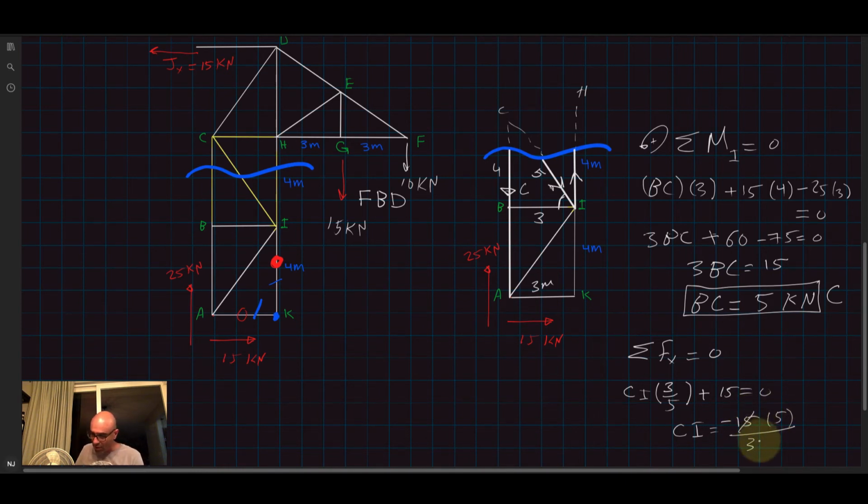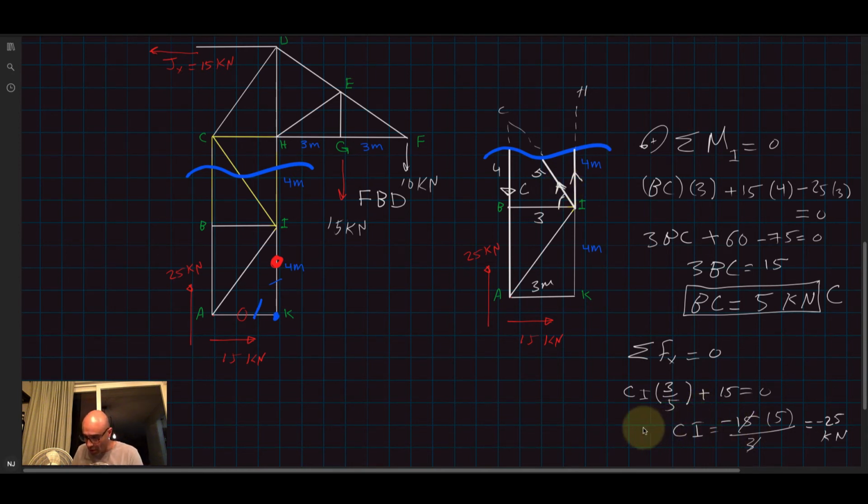So this is 5 times 5, so that's minus 25 kilonewton. If it's minus 25 kilonewton, our assumption of it being compression was incorrect. So what we need to do is basically delete that and adjust the direction to be upwards, and this is tension.